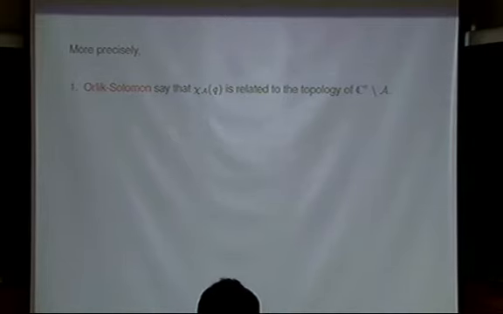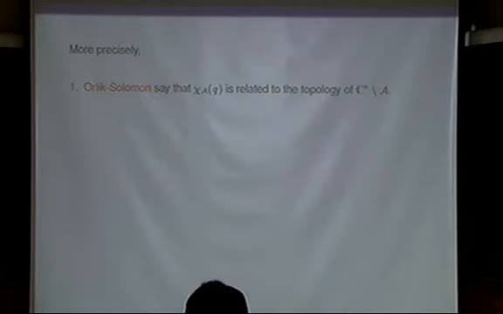So let A be an arrangement. By an arrangement, I mean that you have a vector space, say Cn, and you have a finite number of hyperplanes inside Cn. It could lie in a very complicated way.